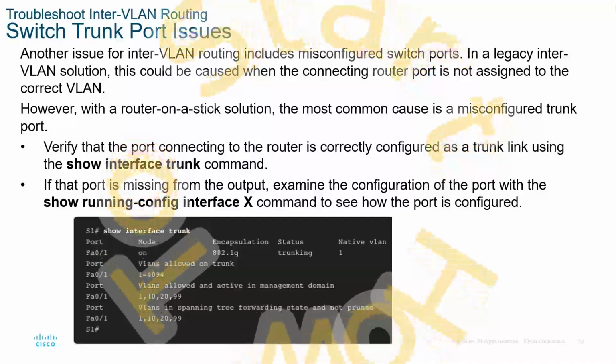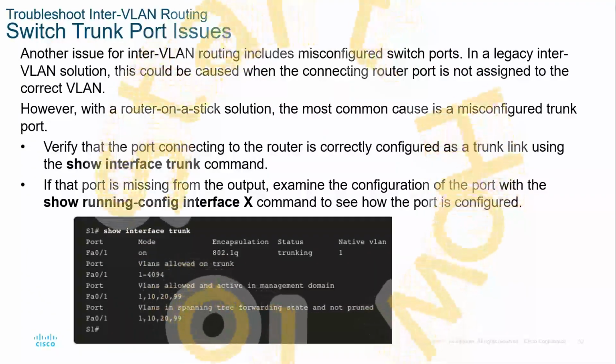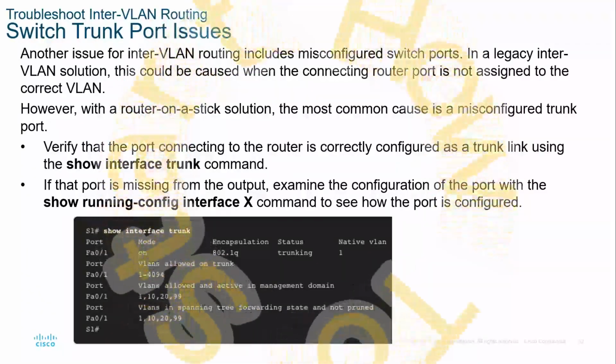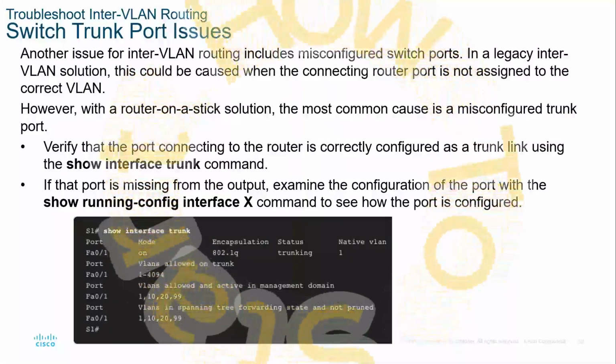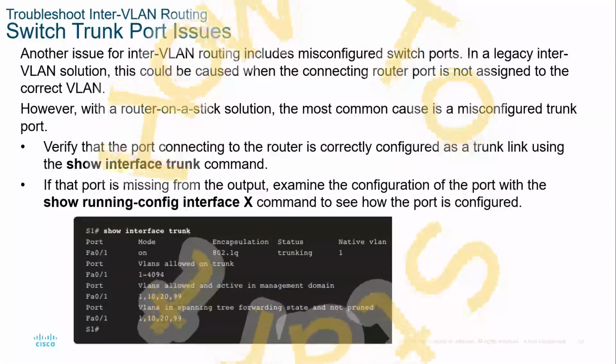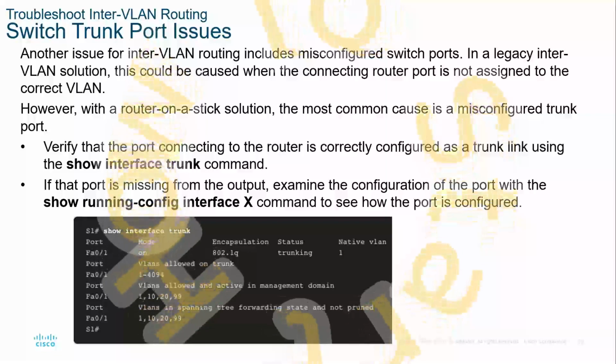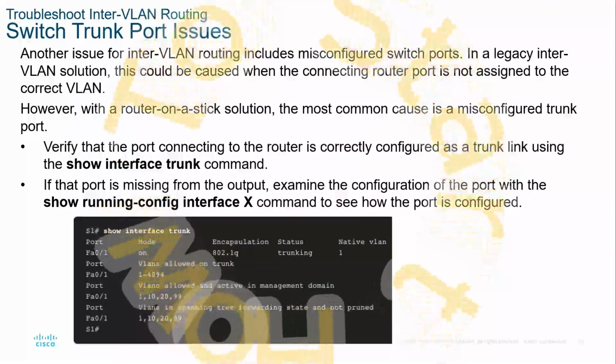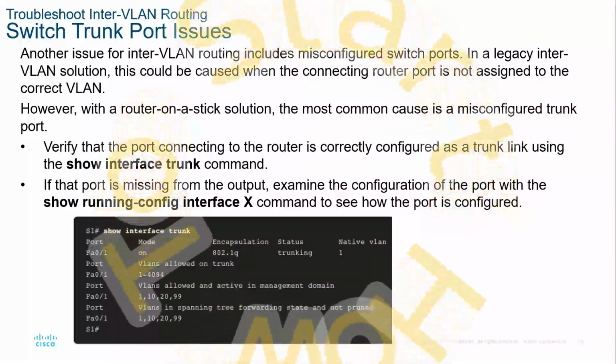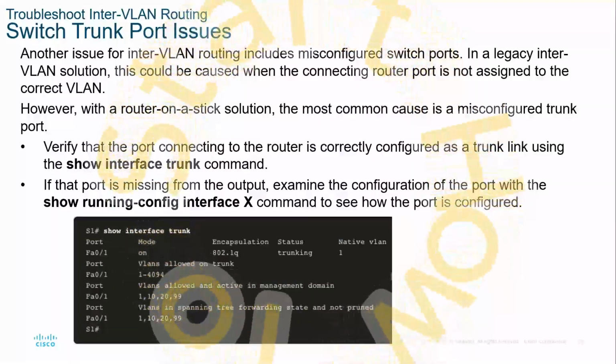We could be looking at switch port trunk issues. We can do that by looking at show interface trunk. It will tell us the mode, the encapsulation, and the status. It will also let us know the native VLAN, and it will say what VLANs are allowed and active.